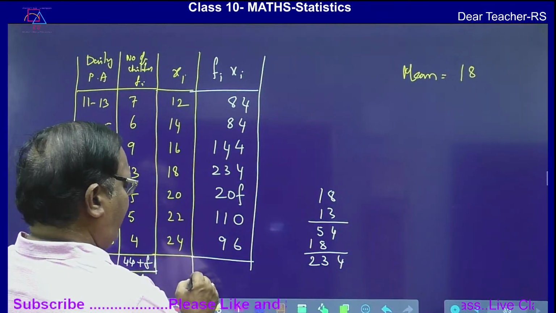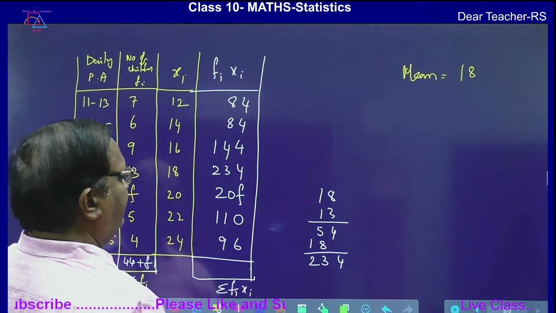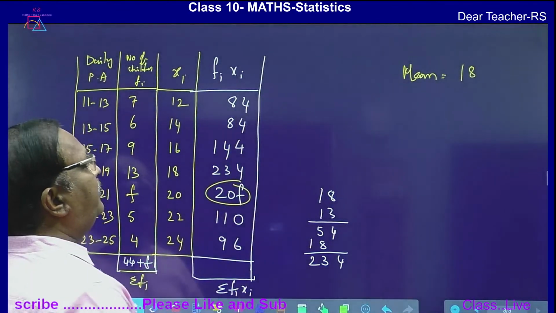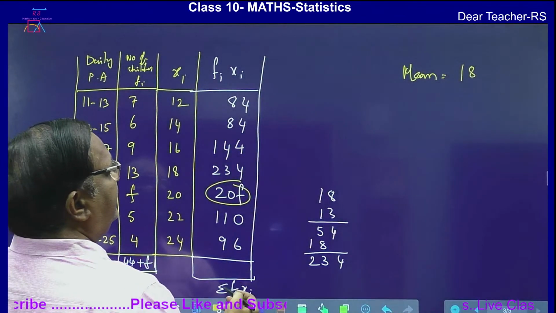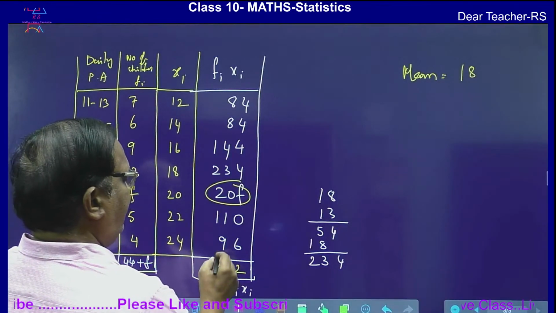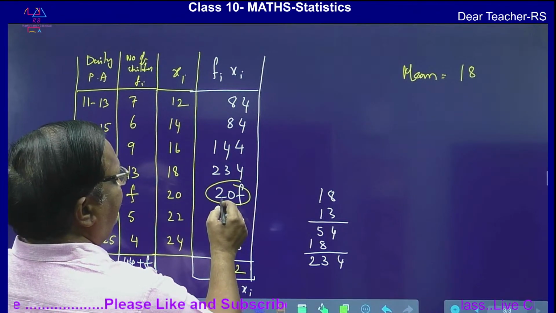So now I have to add this. We need sigma Fi xi. So leaving this 20F, add the rest. 4 4s are 16 plus 6 is 22, 9 plus 2 is 11, 11, 12.